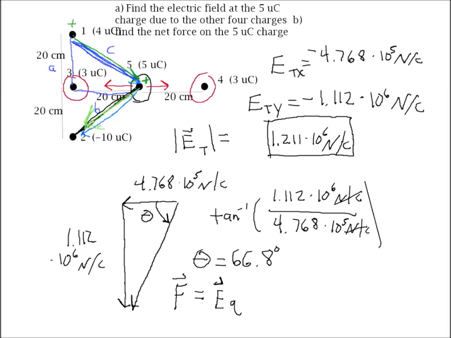And that's a vector equation, which means that if I take the electric field that we just found, 1.211 times 10 to the 6th newtons per coulomb, and I multiply it by the charge Q that's at that point, which is a 5 microcoulomb charge, 5 times 10 to the minus 6 coulombs, then we have the answer, 6.055 newtons.